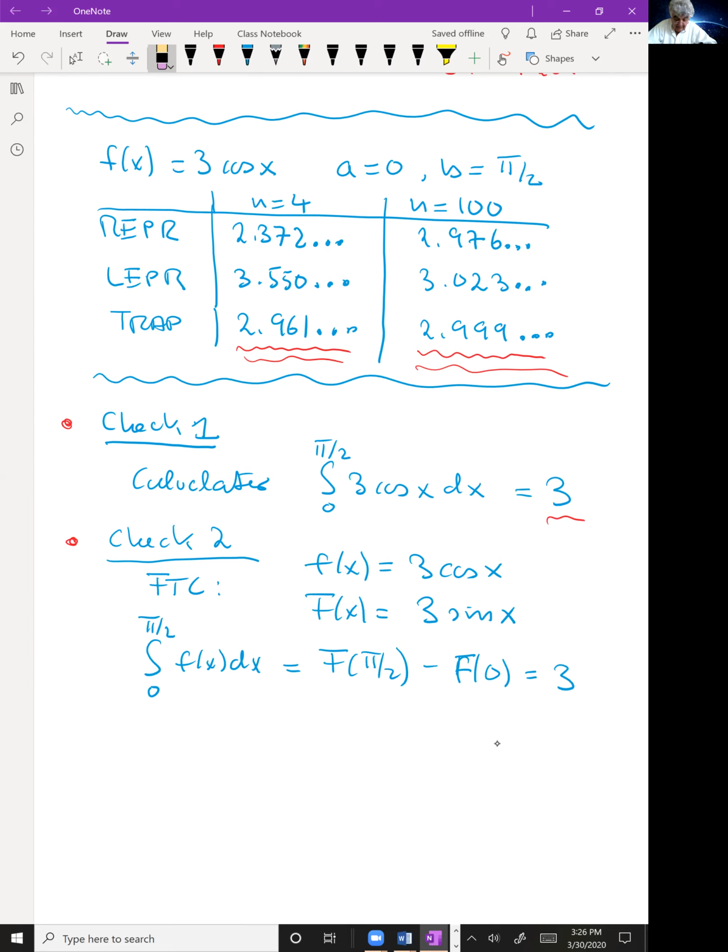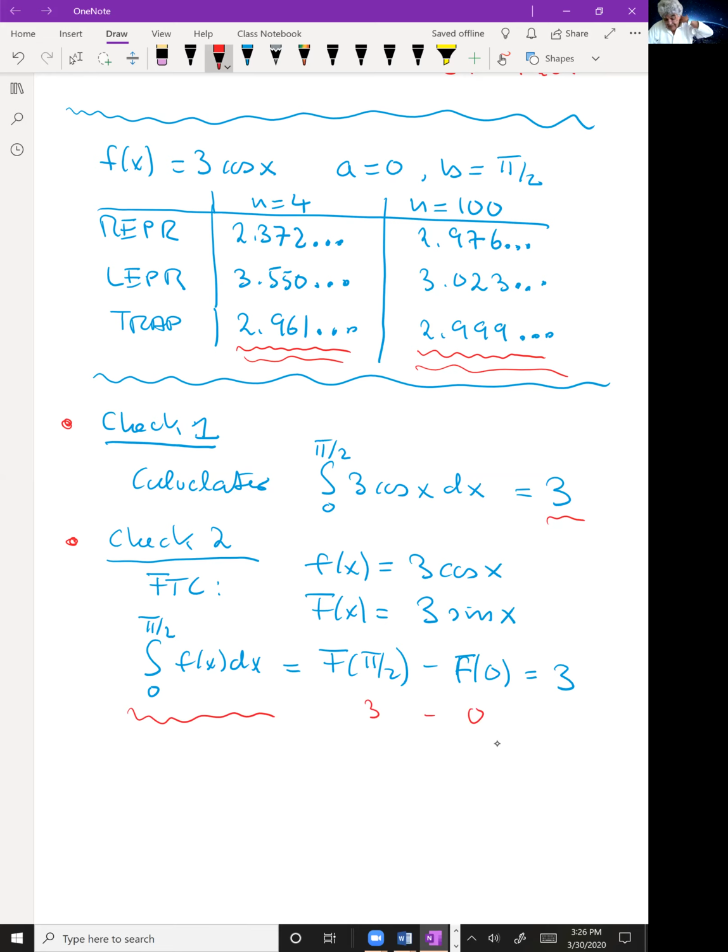And then the fundamental theorem of calculus says that if you want to evaluate an integral, you just compute the antiderivative of the function, the capital F, and plug in the upper bound minus the lower bound. And since the sine of pi over 2 is 1, you get 3 minus 0, which is 3.